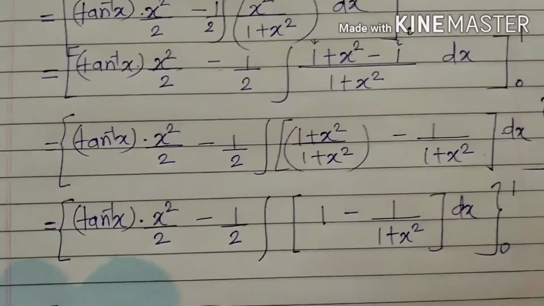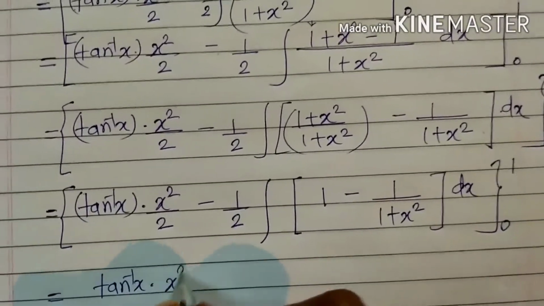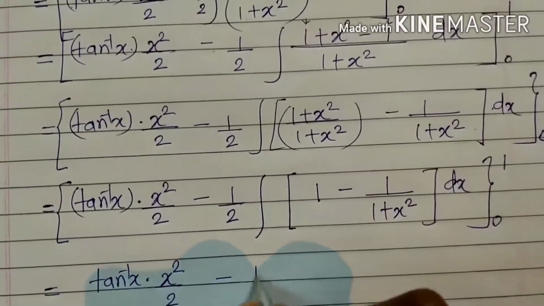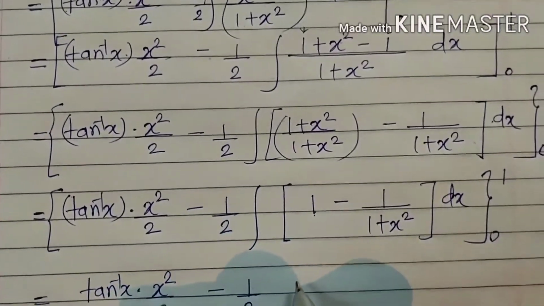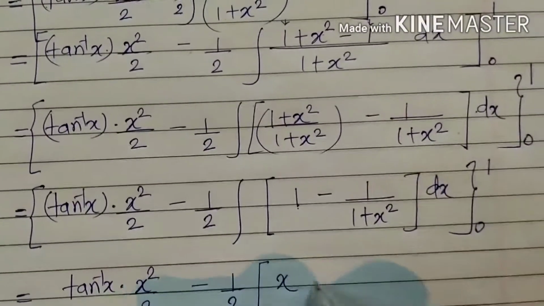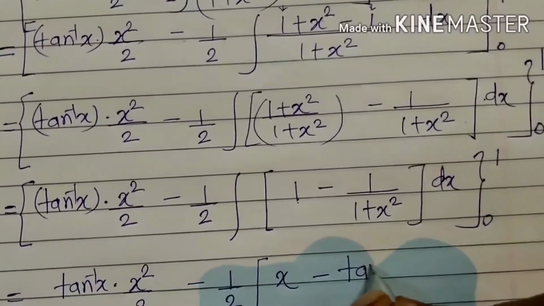Now next step, integration of dx is x, and integration of minus 1 upon 1 plus x square is tan inverse x.